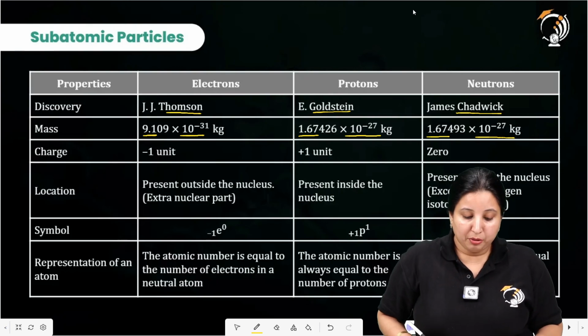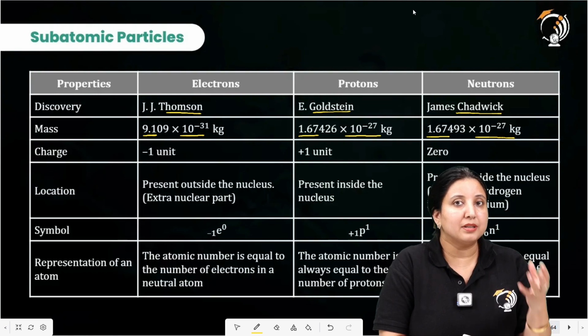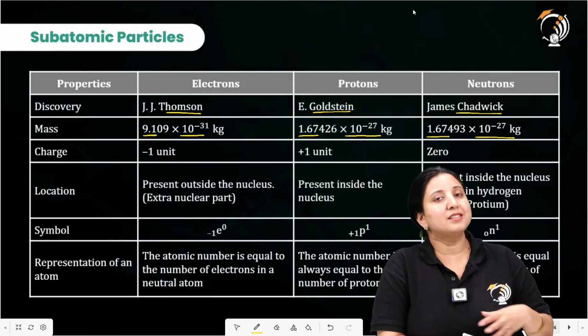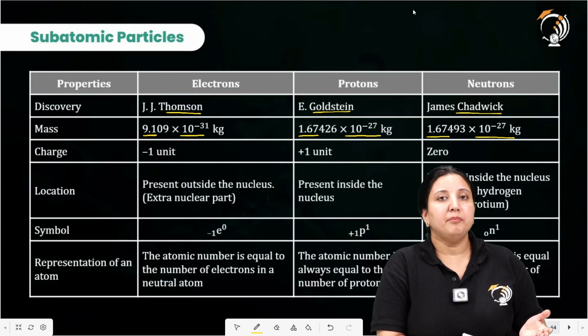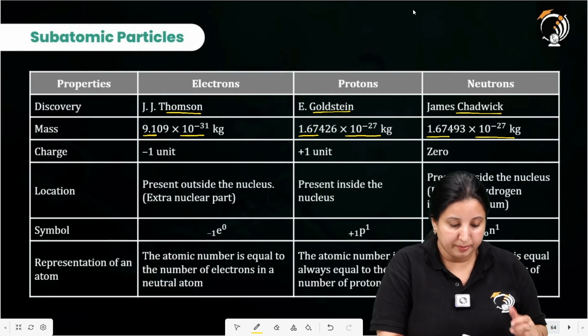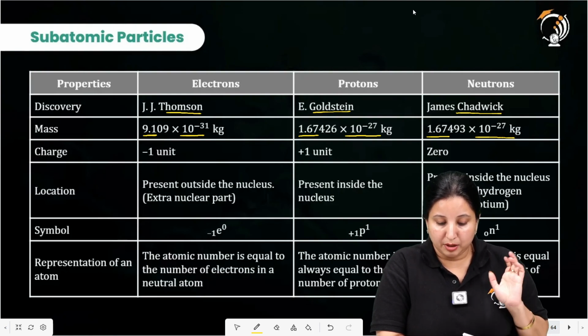If I talk about the location, electrons are located outside the nucleus, meaning they are present in the orbits, or you can say the shells, or we can use the word energy level. All three are the same, it depends on the person whether they want to use the word shell, energy levels or orbits. Protons and neutrons are present in the nucleus.